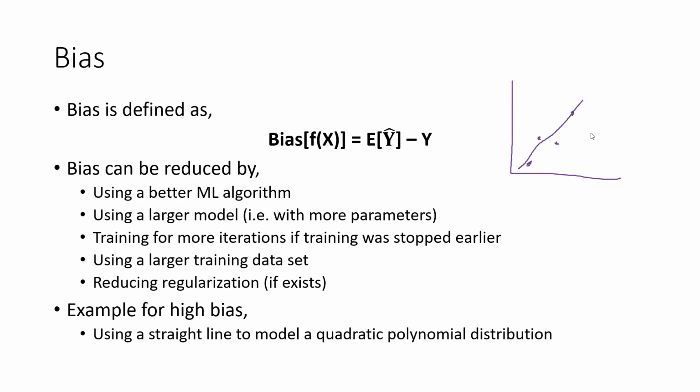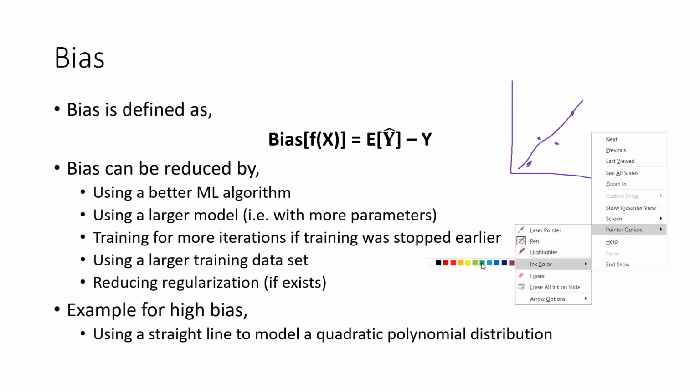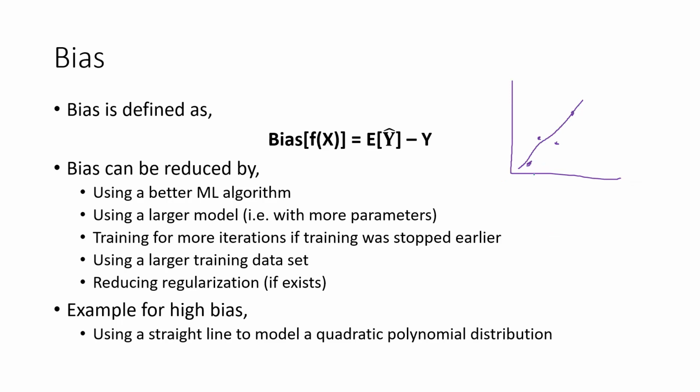Straight line. But suppose now we are using a polynomial regression, say not a quadratic, say a 5-degree polynomial or something. Then it would be like this. It will try to fit all the data points because it has too much capacity to capture all the information in the data points.